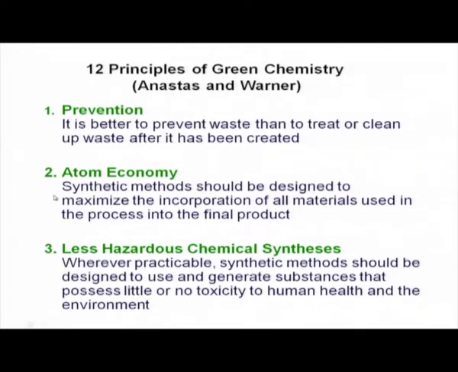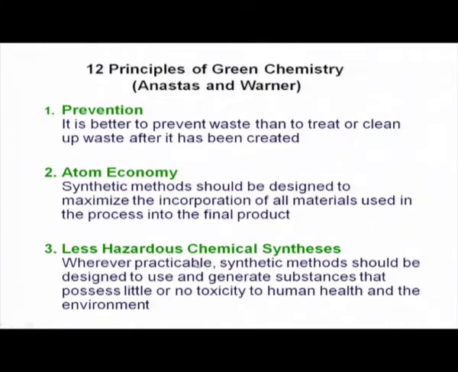The third principle is less hazardous chemical synthesis. Wherever practicable, synthetic methods should be designed to use and generate substances that possess little or no toxicity to human health and the environment. So, less hazardous chemical synthesis is the focus of this third principle.